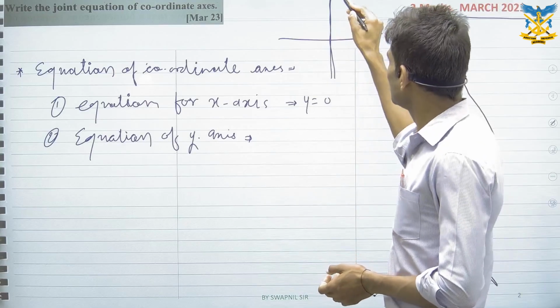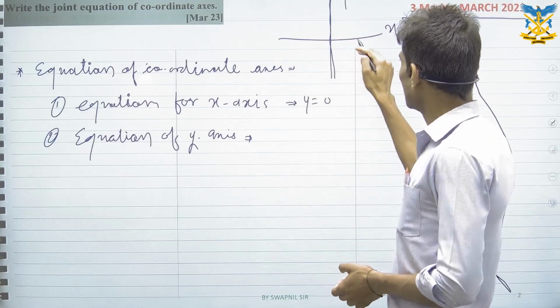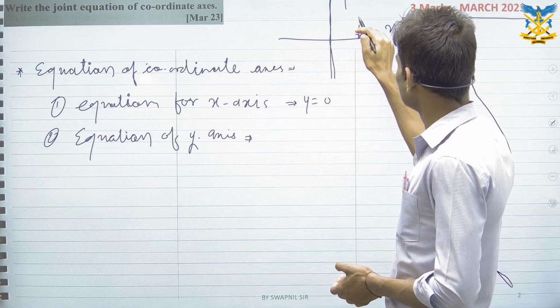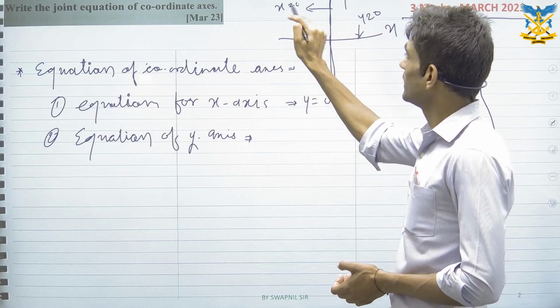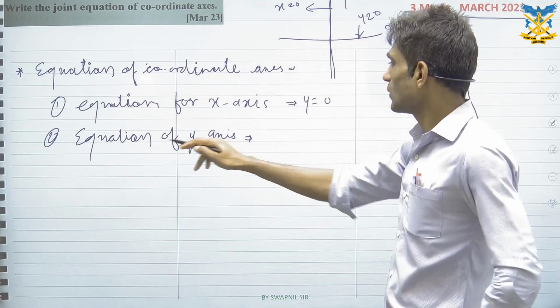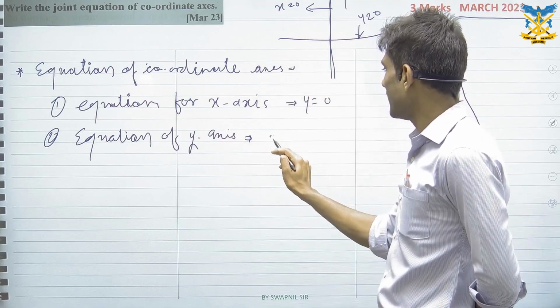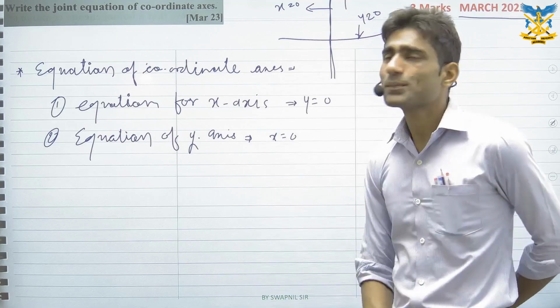So this one is the y-axis, this one is the x-axis. The equation of the x-axis is y equal to 0, and the equation of the y-axis we write as x equal to 0.